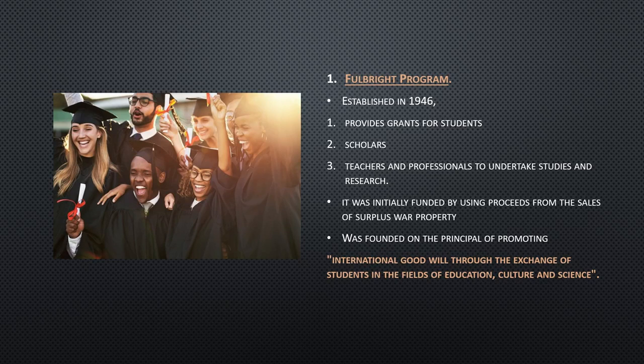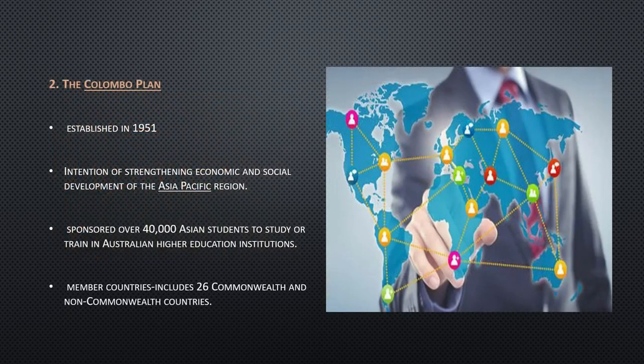The program was initially funded using proceeds from the sales of surplus war property, and it was founded on the principle of promoting international goodwill through the exchange of students in the fields of education, culture, and science.